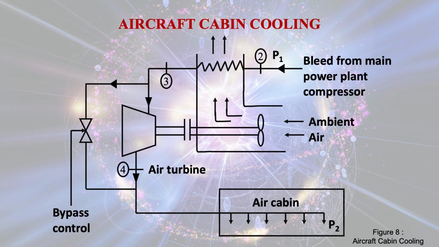And see at the point 2 that the pressure P1 is the compressed air. Actually it is coming from the compressor which is there in the jet engine.